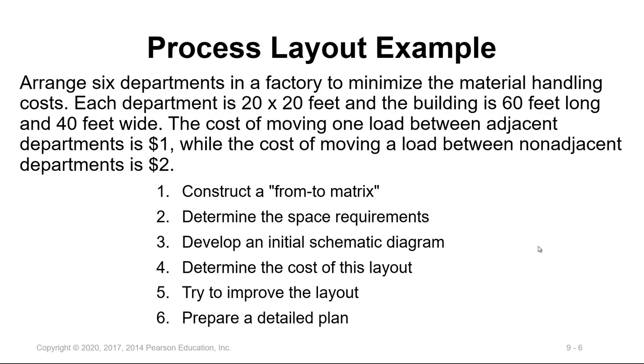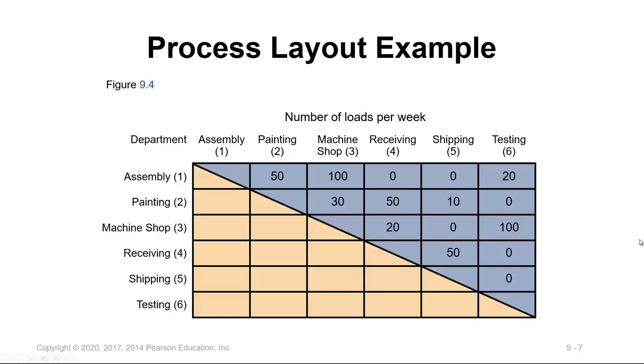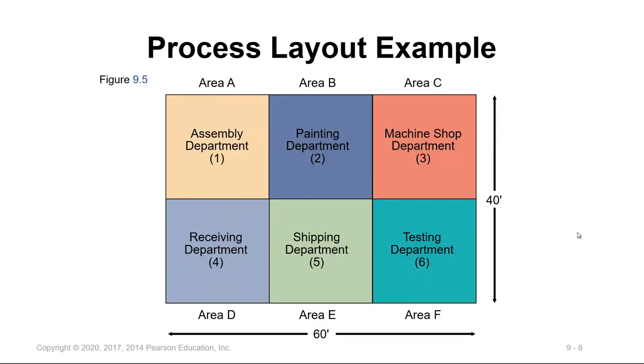Then we determine the cost of this layout, try to improve the layout, and then prepare a detailed plan. This matrix shows the number of loads that will be moved between the different departments. The initial layout is shown in this figure, utilizing the building space as stated in the example.